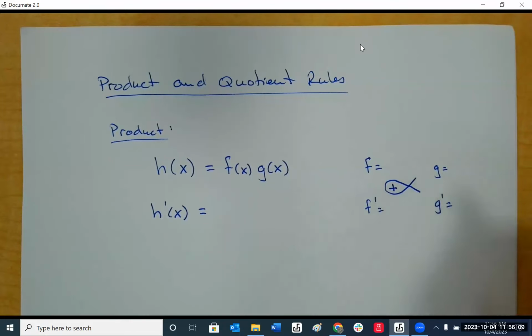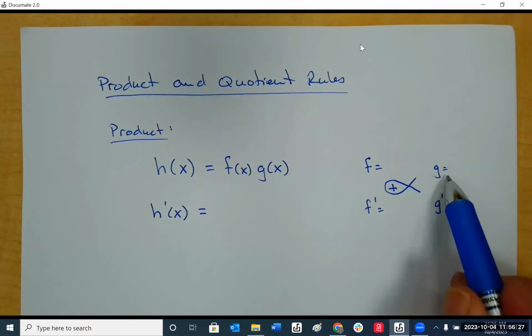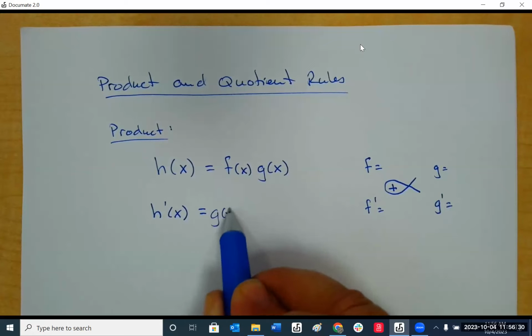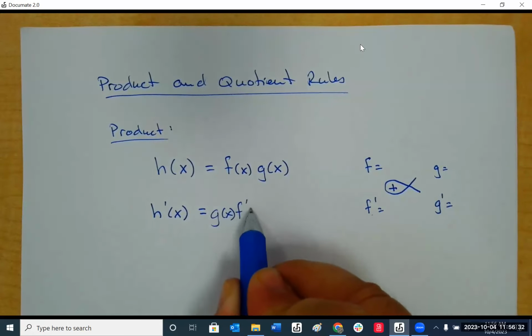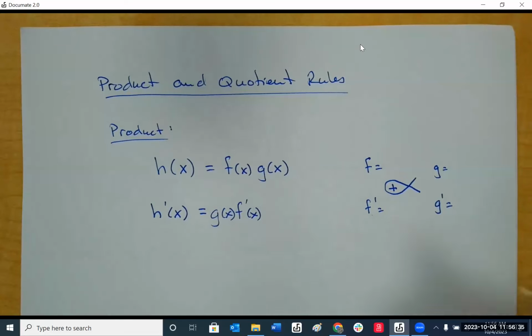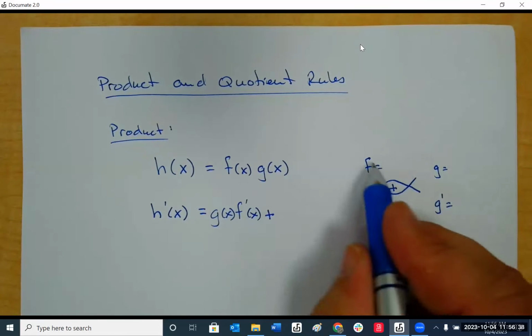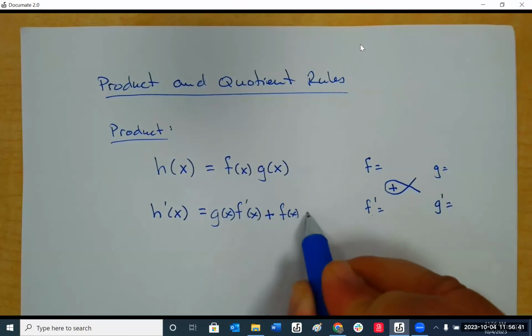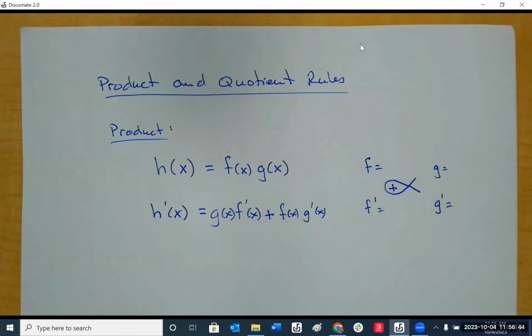And since we're multiplying, we put a plus between them. And there's your formula. You start off with g, so we went from g of x times f prime of x, plus, we go the other way, f of x times g prime of x, because you're going down and then down.